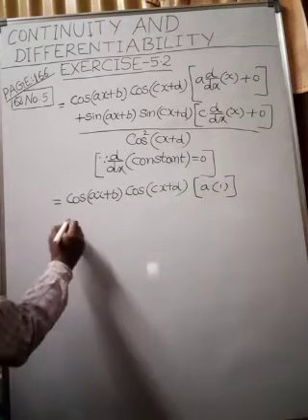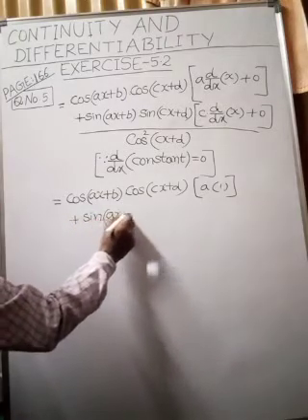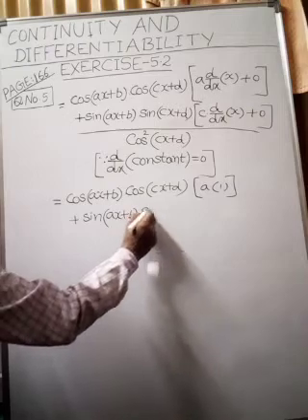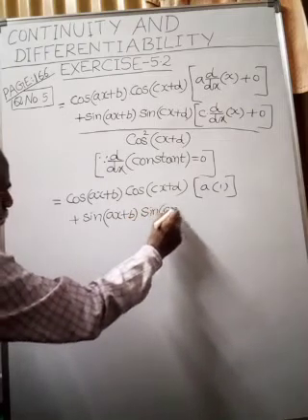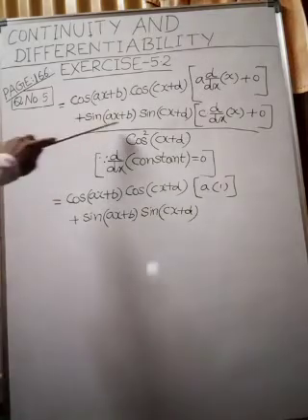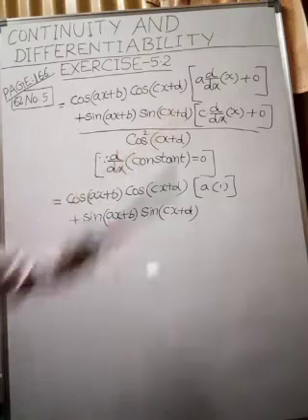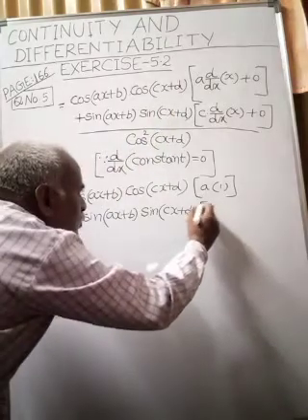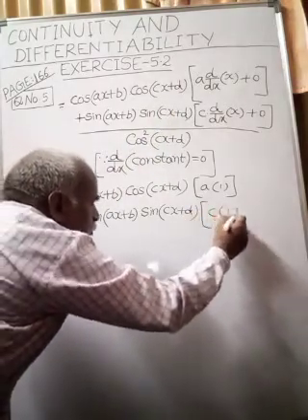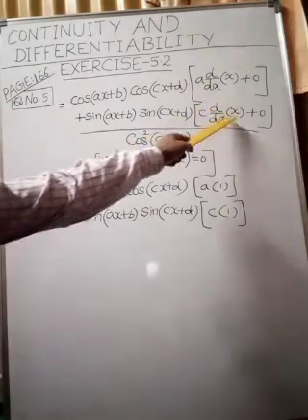Plus sine of ax plus b into sine of cx plus d, I wrote this entire part as it is, into, here what will you get? C into d by dx of x.